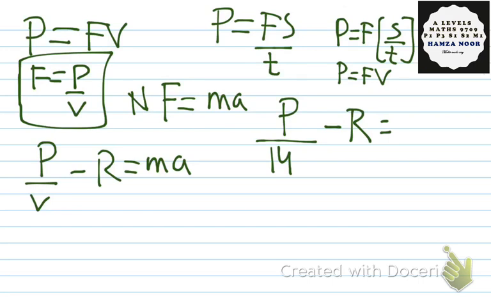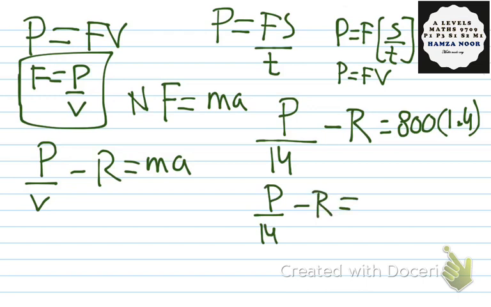The mass of the car is 800 kilograms and the acceleration at this instant is 1.4 meters per second squared. So our first equation is P over 14 minus R is equal to 800 multiplied by 1.4, which is 1120.